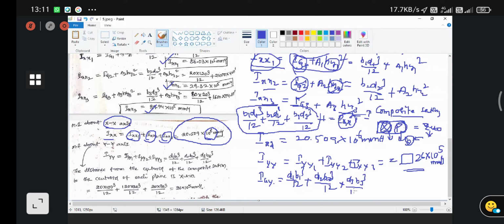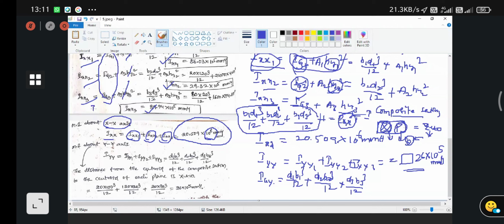So in the given problem, if it is about the base axis, this is the case you have to solve. If they are asking only about the central axis, you have to add these two things and eliminate the Ay1, Ay2, Ay3 values.